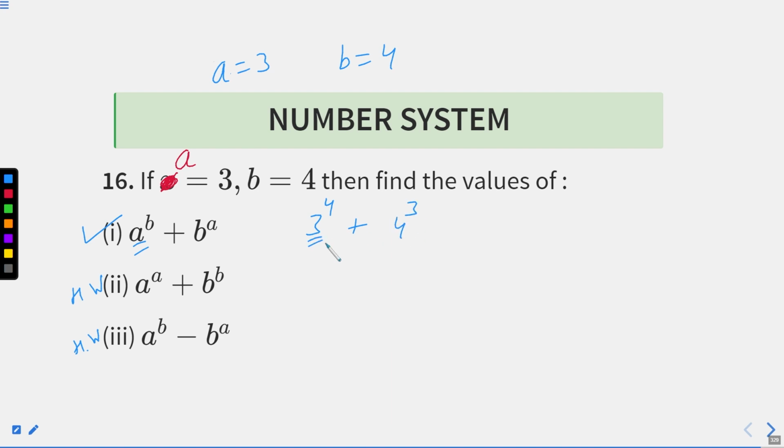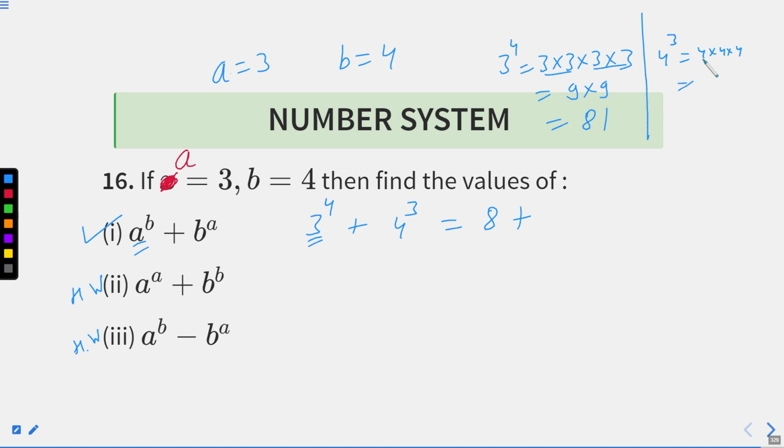Just 3 getting multiplied 4 times. So 3 power 4 is 3 times 3 times 3 times 3, which is, we know 3 times 3 is 9, and 9 times 9 is 81. So 81 plus, now 4 power 3 is 4 times 4 times 4, which is, we know 4 times 4 is 16, times 4, which is 64.